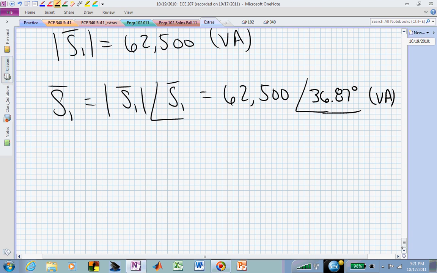With that, we could compute the value of the reactive power in load 1.